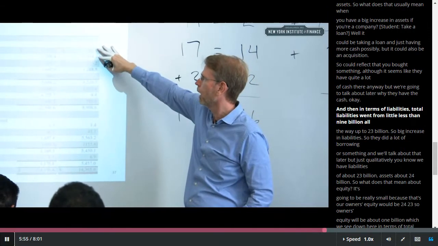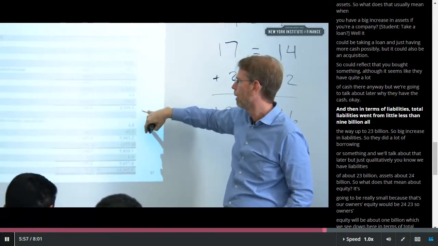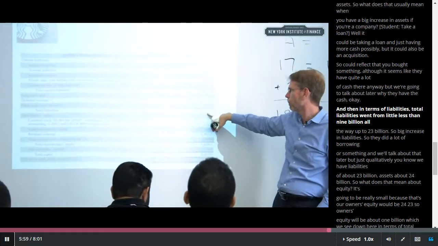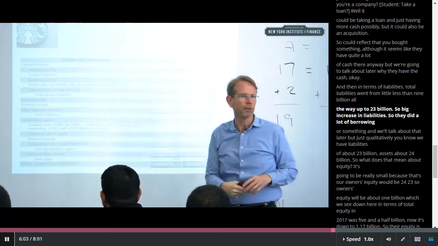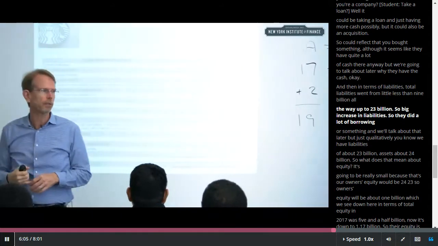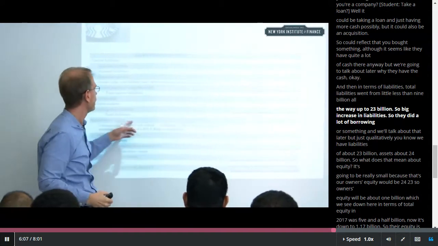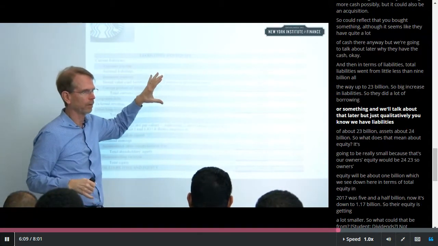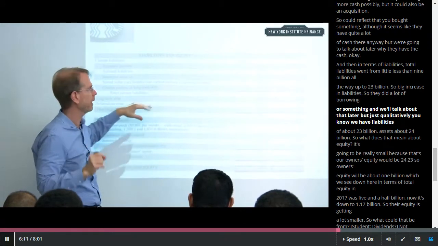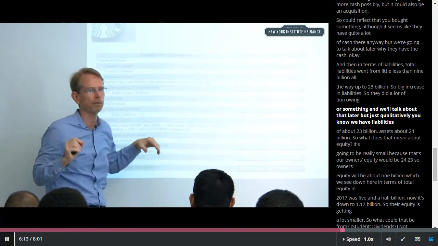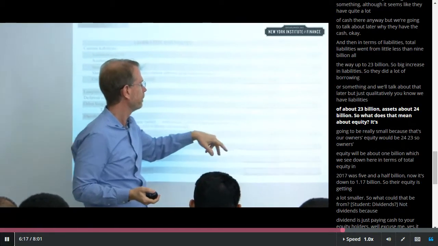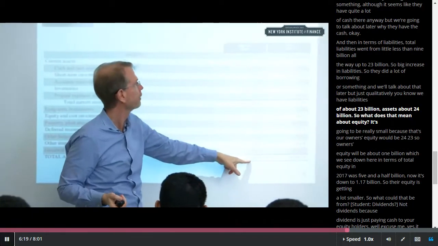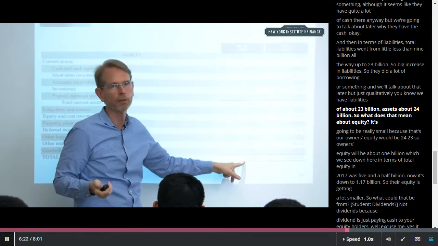Okay, and then in terms of liabilities, total liabilities went from a little less than 9 billion all the way up to 23 billion. So big increase in liabilities. So they did a lot of borrowing or something, and we'll talk about that later, but just qualitatively, we have liabilities of about 23 billion, assets about 24 billion.